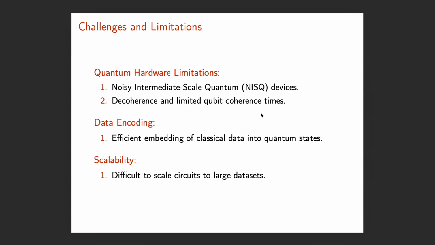Also, when you do quantum machine learning, there is another non-trivial topic where there's a lot of research, and that is efficient embedding of classical data. It's also difficult to scale circuits to large data sets. These are problems we face, in particular in quantum machine learning.